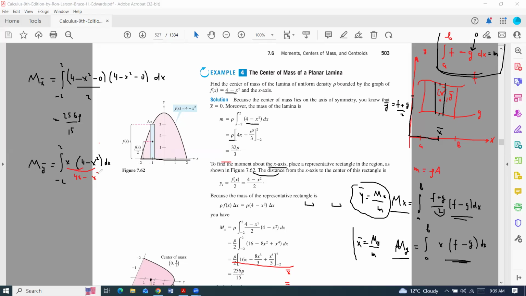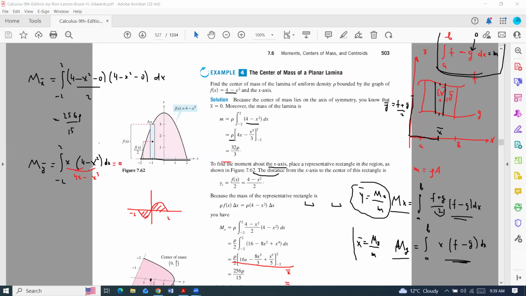Please notice you're integrating an odd function from minus 2 to 2. Remember, you don't need to waste time anymore. Odd function means it's symmetric to the origin, like the cubic function is an example. From minus 2 to plus 2, this part is the same as the one below but opposite in sign, so this integral is 0.